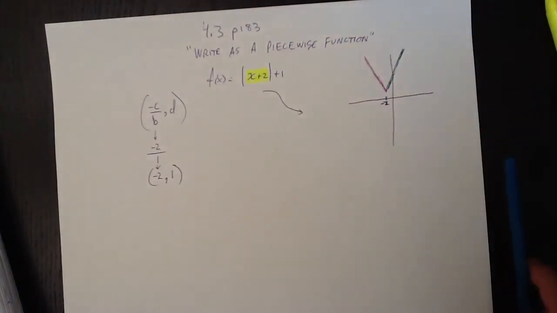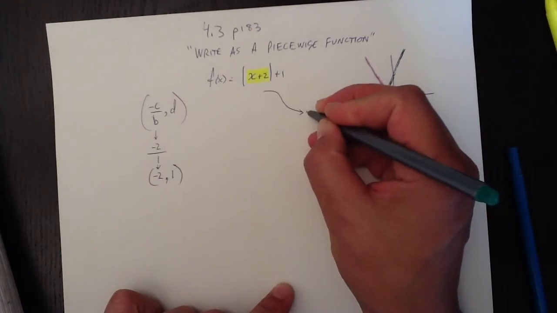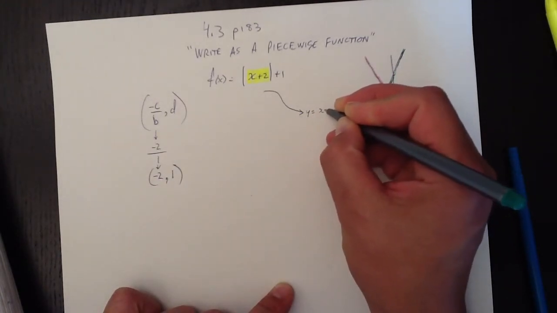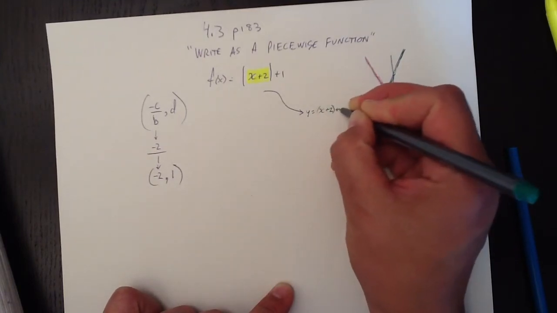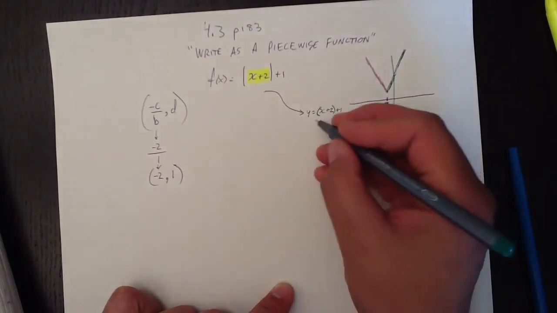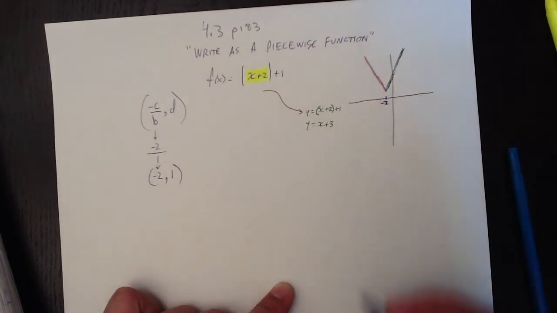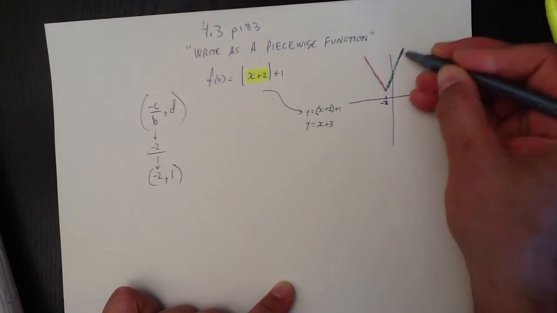The green line, I'll just do this in green, is y equals x plus 2 plus 1, which is also known as y equals x plus 3. So y equals x plus 3 is the green line.